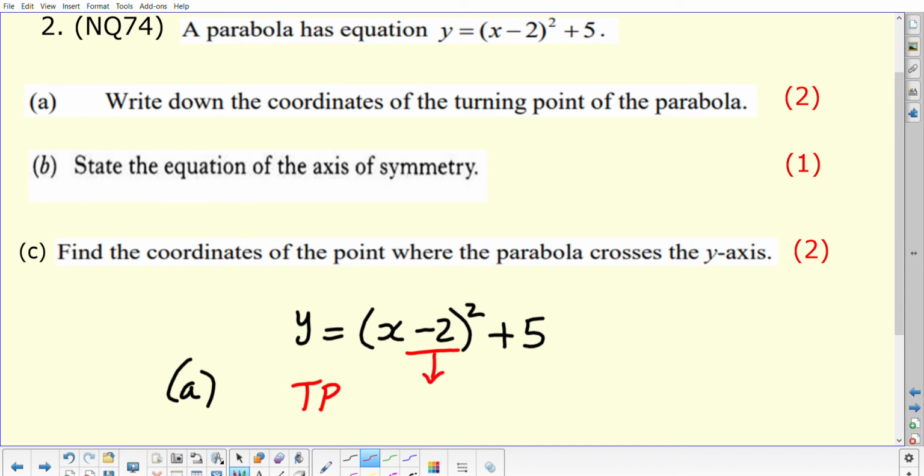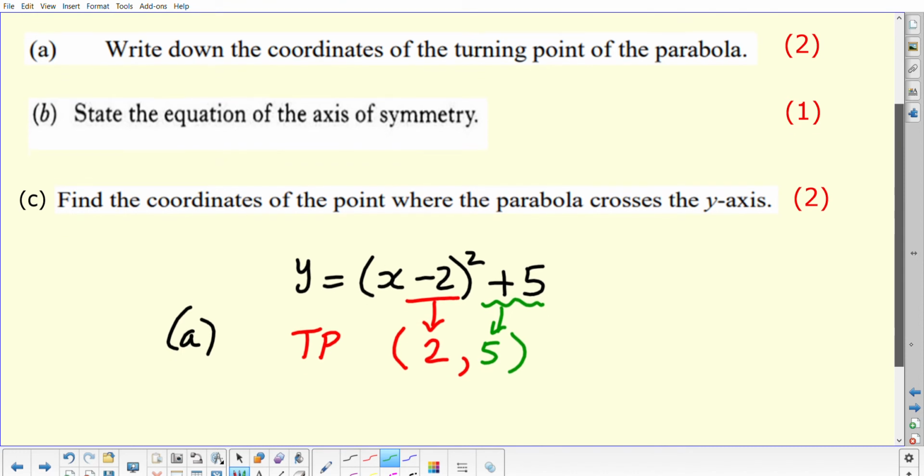Remember that the x coordinate of your turning point will always be the opposite sign from what is in here. So the fact that we've got -2 here means that our turning point is going to be +2. It's the opposite in terms of the x coordinate, whereas the y coordinate matches exactly. So you get the point, the turning point has got coordinates (2, 5).